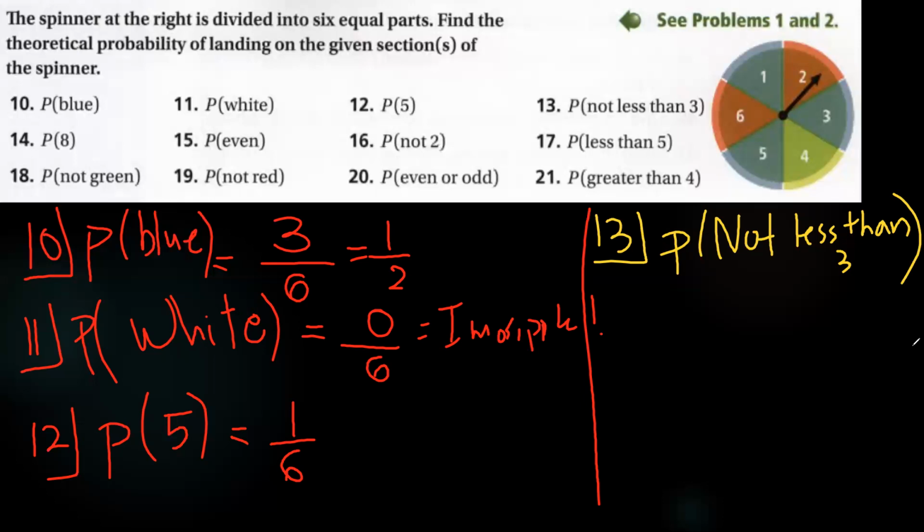First, you have to find the probability of less than 3, then subtract it from 1. So let's first do that here.